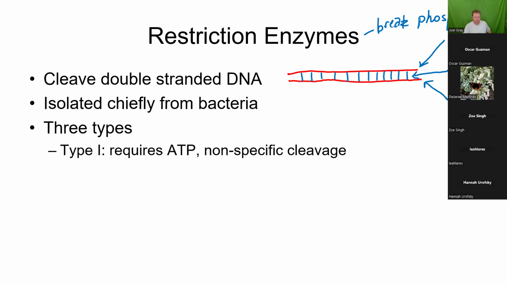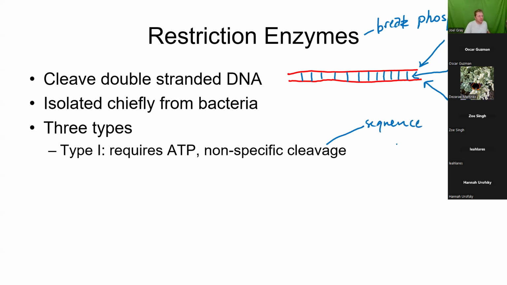Simplest explanation, simplest option. So type 1 restriction endonucleases or restriction enzymes, and I use those two terms interchangeably in this case. Type 1s require ATP, and they have non-specific cleavage. What that means is that when they're looking at a sequence, they don't care.